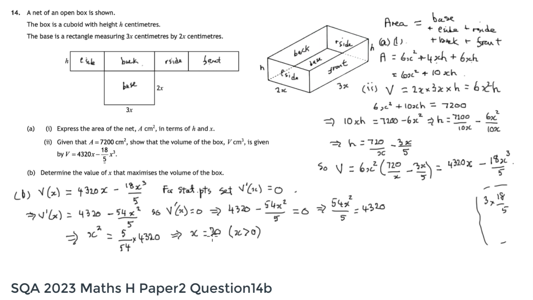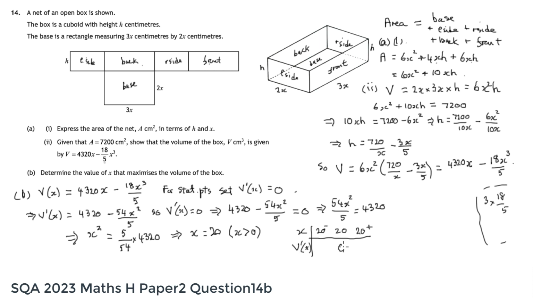Now what is the nature of this point? Is it a maximum? Does it maximise the volume, or is it a minimum? Well, the way we do that is make up the wee nature table, as it's called, and go slightly to the left of 20, slightly to the right of 20, and examine what's happening to the gradient on either side.